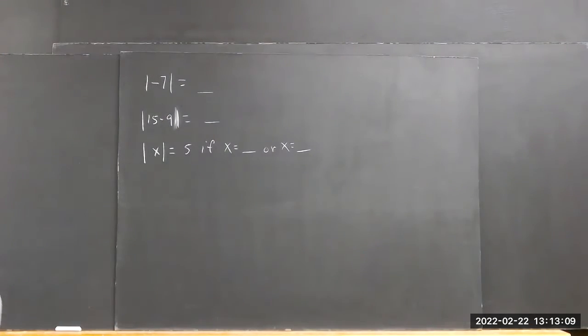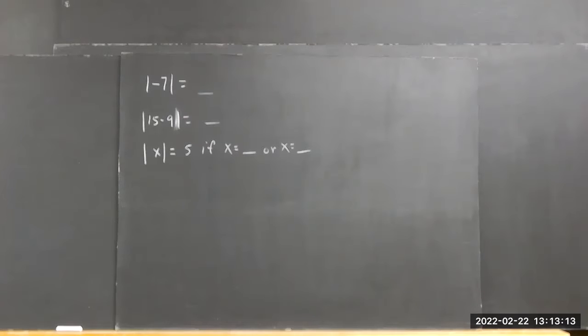I need to do that kind of quick and see how well you can answer these questions, and that'll tell me a little bit more about what I need to do next.